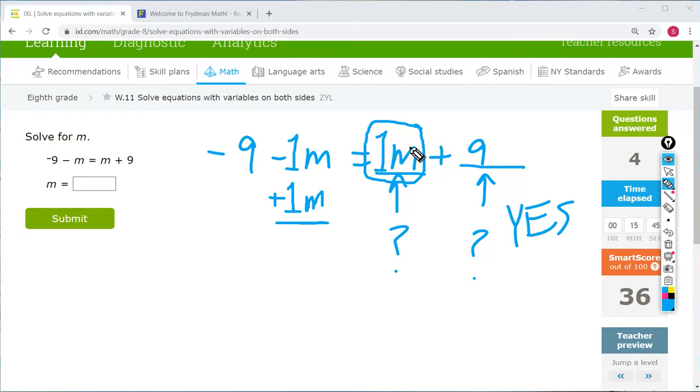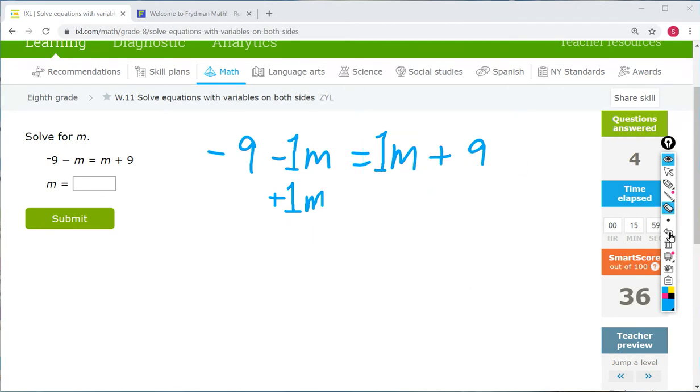And neither one of them have an exponent. Okay, so they are like terms. So I'm going to do another plus 1m, not over here, but over here, because this term also has an m.